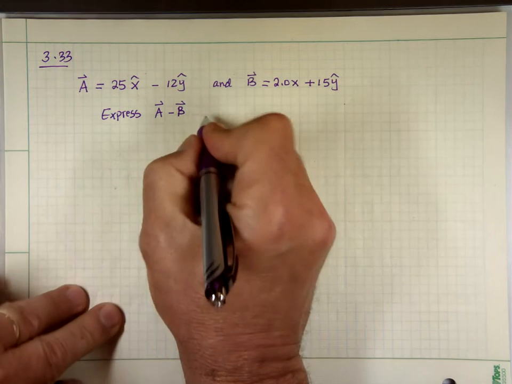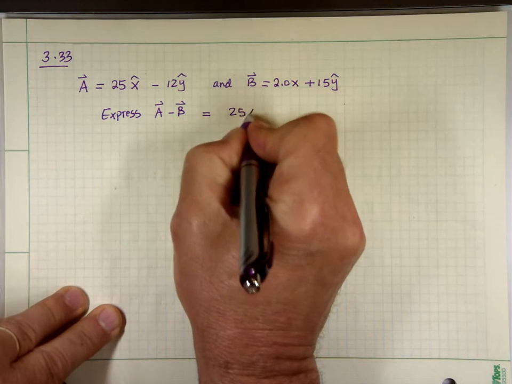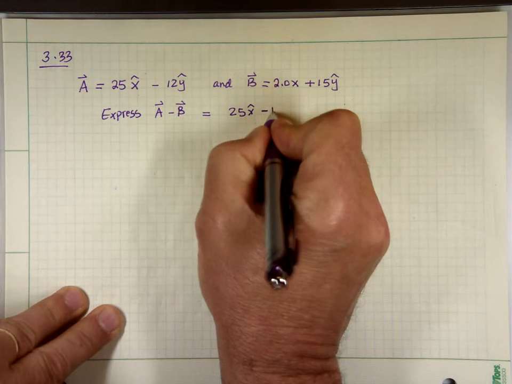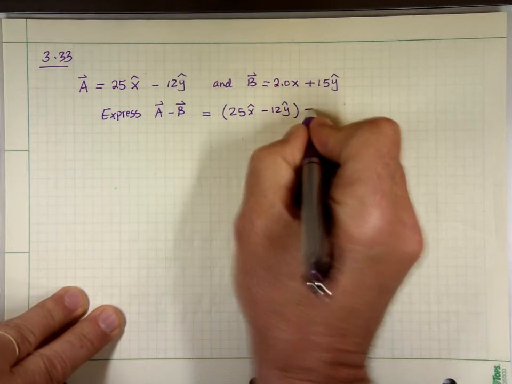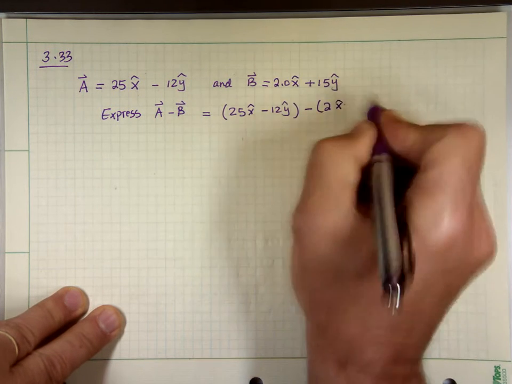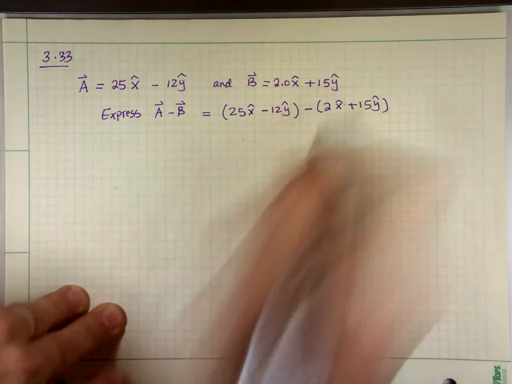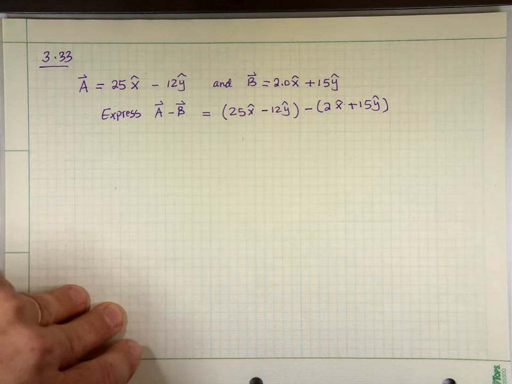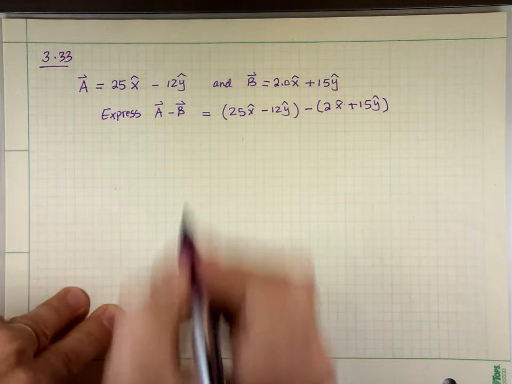Well, what's A equal to? 25 in the x direction minus 12 in the y direction. And you want to subtract from it B, which is 2 in the x direction and 15 in the y direction. So your answer is going to be what?